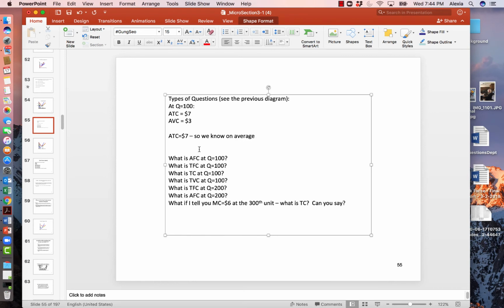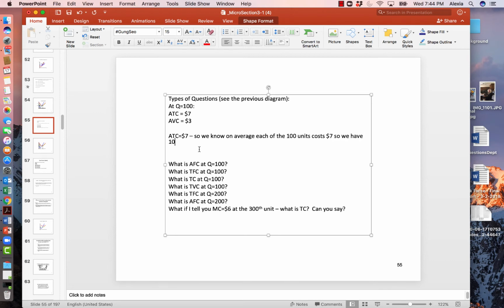You've got to know these formulas. So if I ask what's average fixed cost at Q of 100, it's the difference between average total cost and average variable, which in this case is 4. So 4 and 3 equal 7.